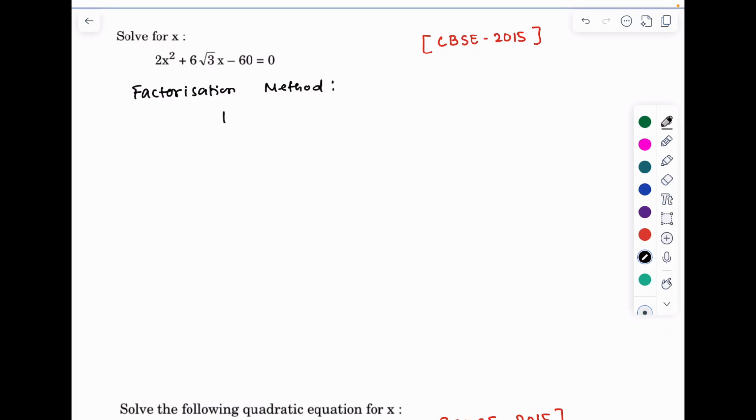That means we have to choose two numbers whose sum is 6 into root 3 and product is minus 60 multiplied by 2, that is equal to minus 120.